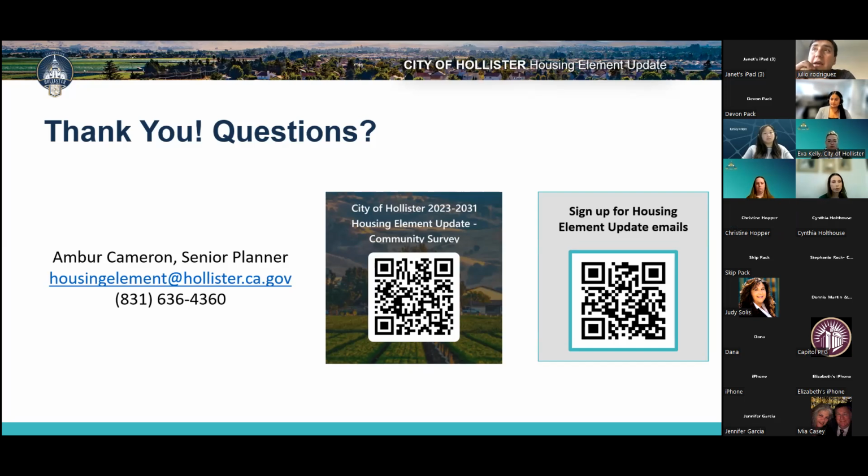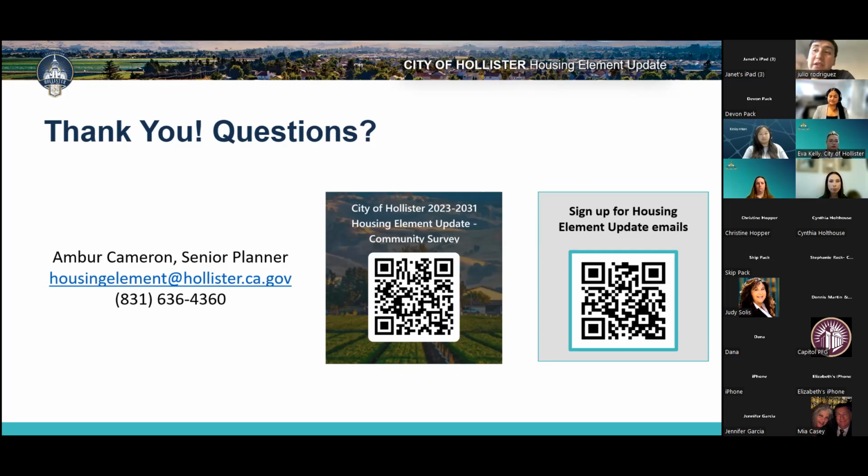Lastly, as Devin was saying, Hollister could also take advantage of transit-oriented development. That is definitely something that I think should be mentioned in the housing element, because the county COG actually did a study about doing transit, and it actually is feasible.